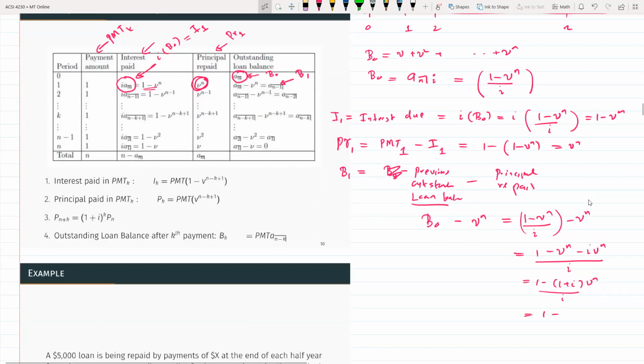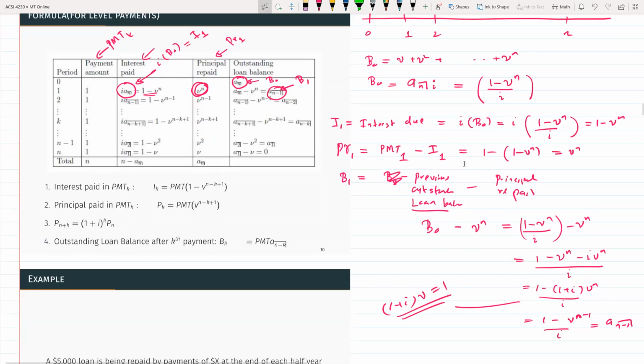So this is going to be 1 minus v to the n minus 1 over i, which is basically a angle n minus 1. That's why we have this a n minus 1. The reason here is because 1 plus i times v is 1. So that's why you get n minus 1 instead of n.